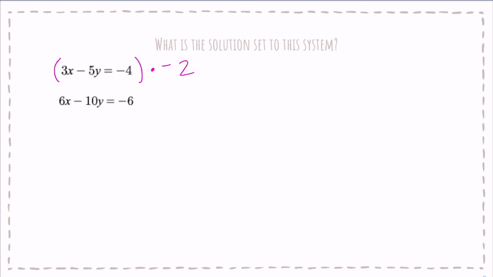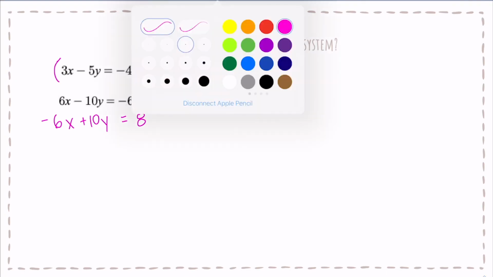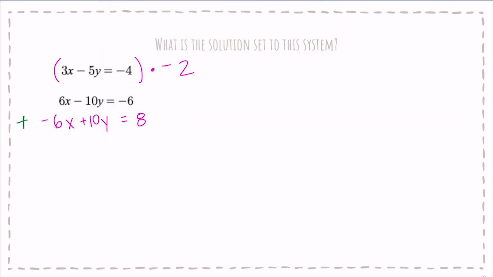That allows us to eliminate some terms. And it happens to be that here, when we add our equations, our x terms eliminate, our y terms eliminate, and we're left with 0 equals 2.